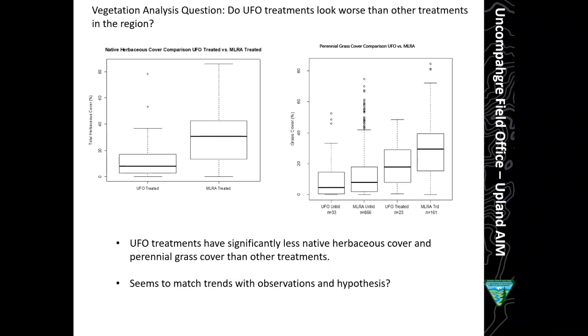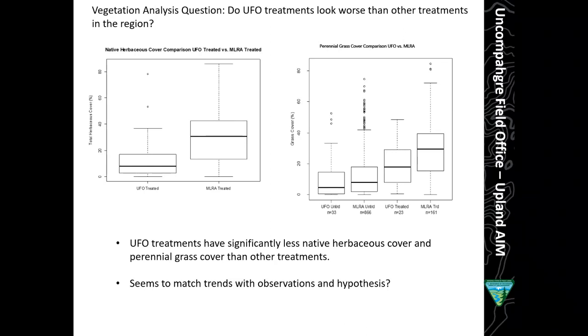Okay, so one of the questions we had from a vegetation standpoint is, do UFO treatments look worse than other treatments in the region? We know from doing land health evaluations throughout the field office, we visit a lot of these treatments, that they don't look good.